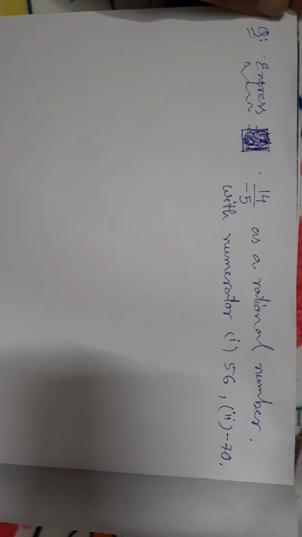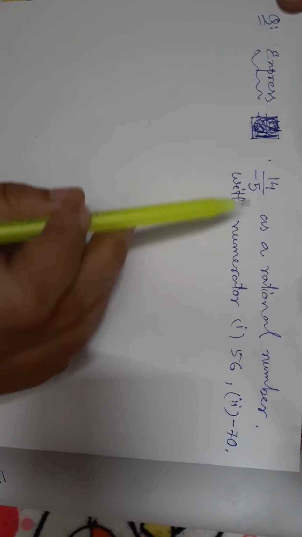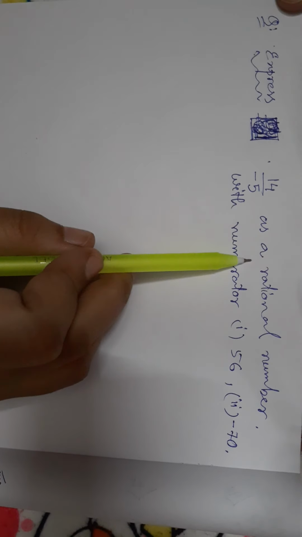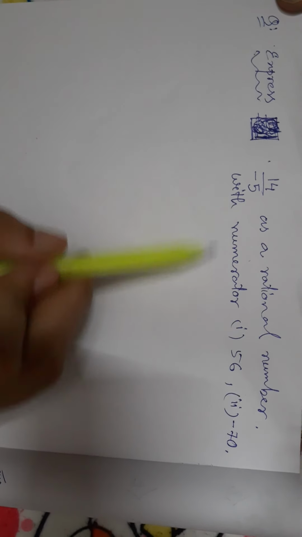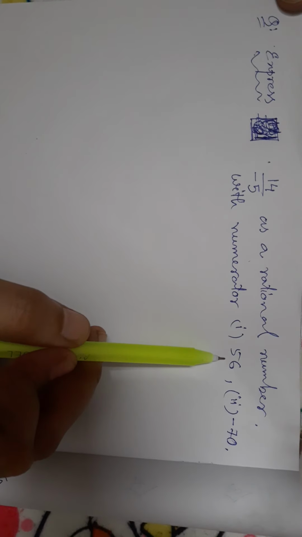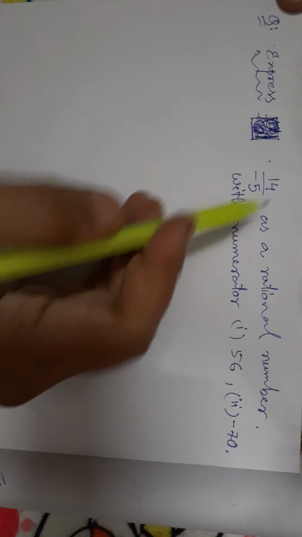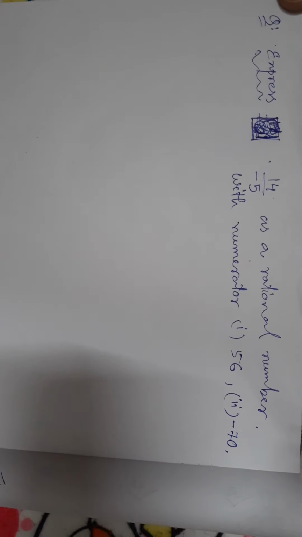So now let us discuss one more question on rational numbers. Here you have to express 14 by minus 5 as a rational number with numerator 56 and minus 70. Here you can see the numerator is 14. We all know that 14 4s are 56.